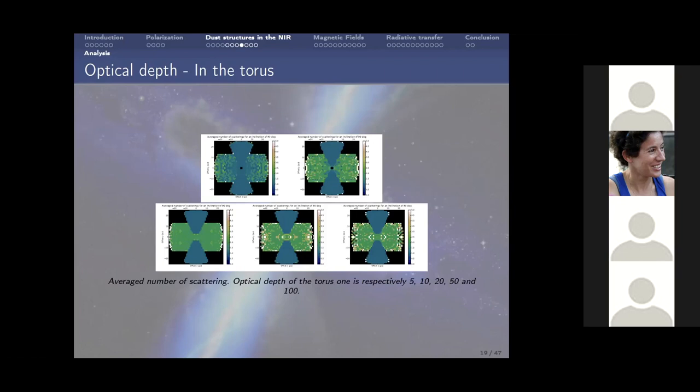So we can see that if we increase the optical depth of the obscuring material in the equatorial plane, it switches from basically only single scattering, with not enough material blocking to have more complex interactions, up to a well-defined two-region case, where you have the ionization cone with just single scattering photons and the equatorial plane with mostly double scattering photons.